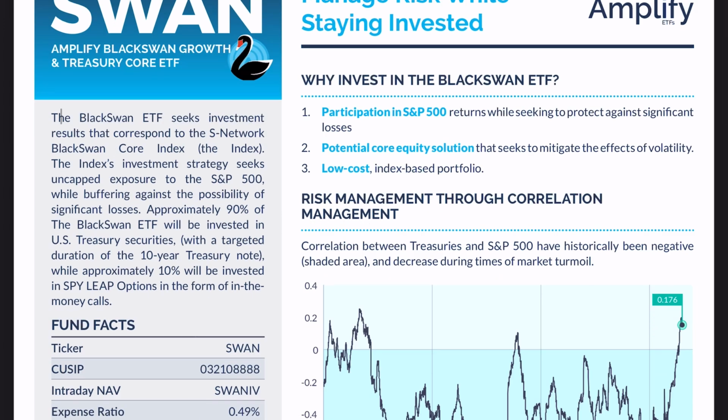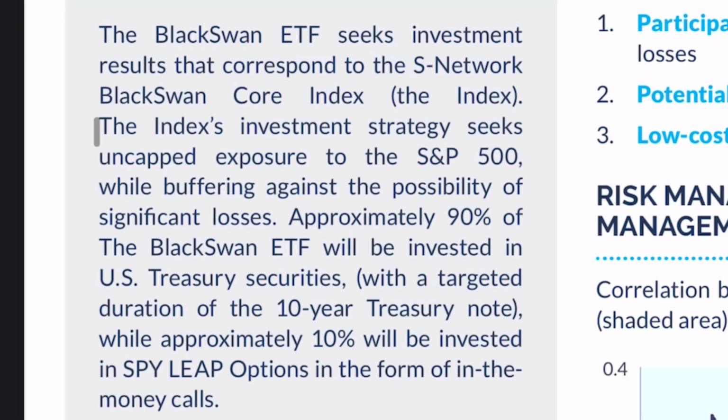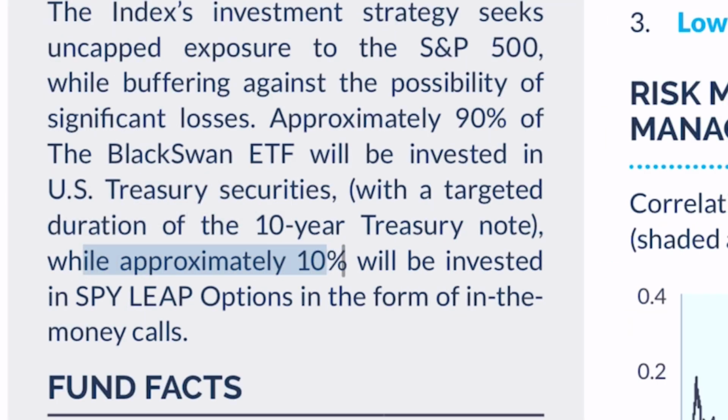So this one, the Black Swan ETF, seeks investment results that correspond to the S Network Black Swan Core Index. The index investment strategy seeks uncapped exposure to the S&P 500 while buffering against the possibility of significant losses. Approximately 90% of the Black Swan ETF will be invested in US Treasury securities, while approximately 10% will be invested in SPY leap options in the form of in-the-money calls.